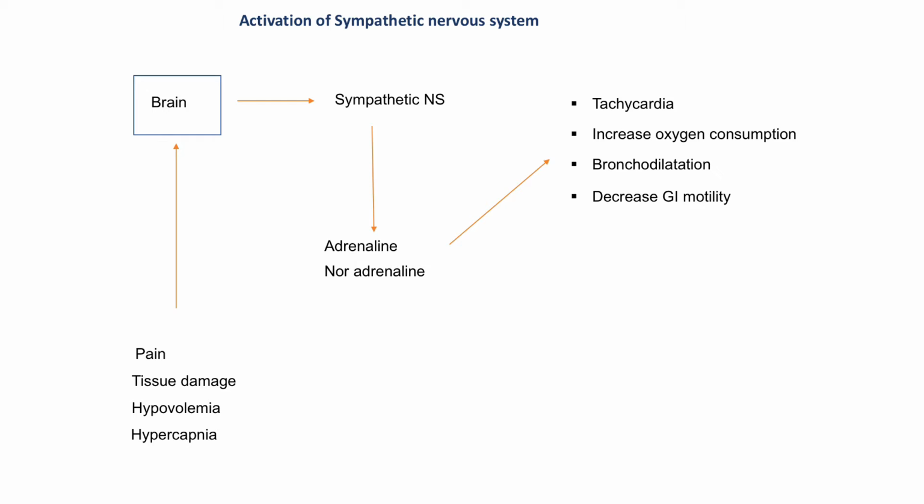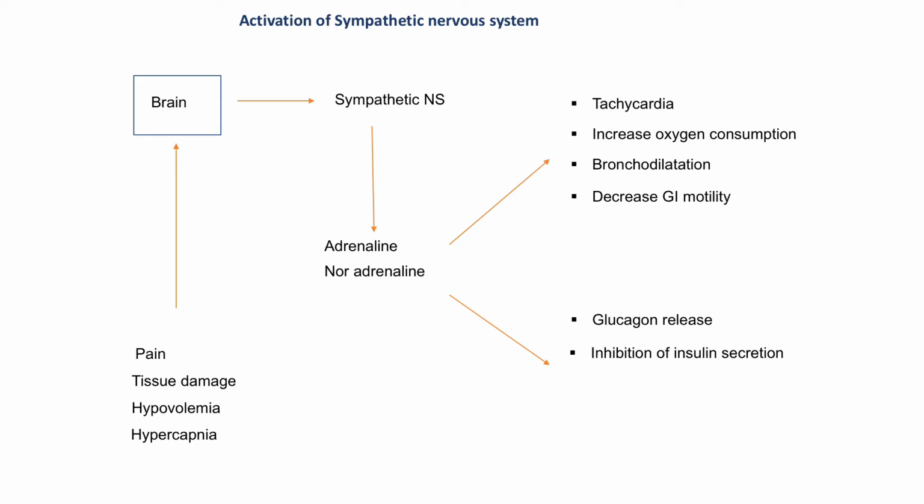These catecholamines result in tachycardia and increase in force of contraction of heart. It also results in inhibition of anabolic activities that will result in decrease in GI motility and inhibition of insulin secretion.